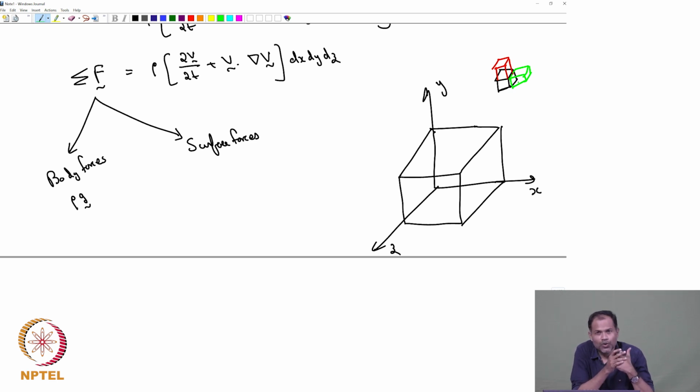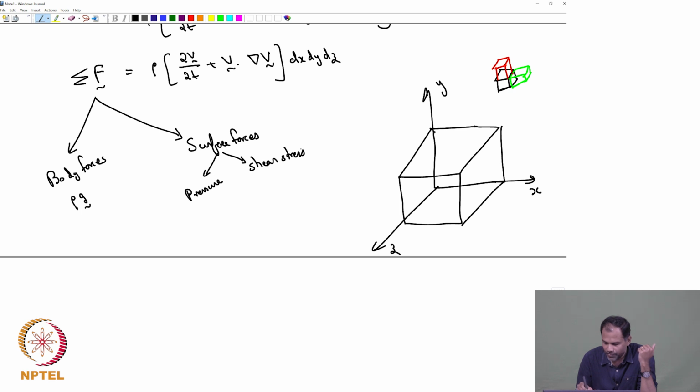One is something that you already know, and that is the pressure. The second is the shear stress. If you remember the definition of Newton's law of viscosity, we defined it as stress equal to a constant times strain, and that constant is what we called viscosity.